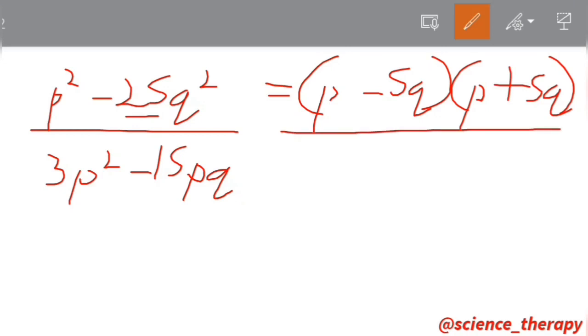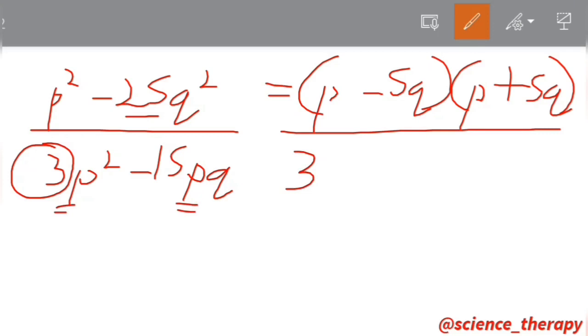Now, when we look at the denominator, this is factorizing by taking out the common factor. The common factor between 3 and 15, what is that number that can go into 3 and 15 and give no remainder? It is obviously 3. And what is the common factor in terms of your variables? We have p on the first term and also p on the second term.